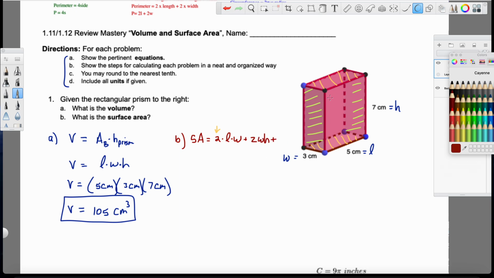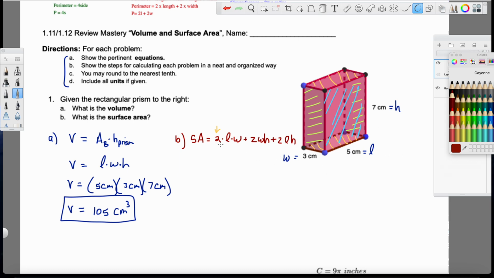Plus, now I've got this right side and this back side face right here. This face right here is a length and height, and this back side's also length and height. And plus 2 length times height.